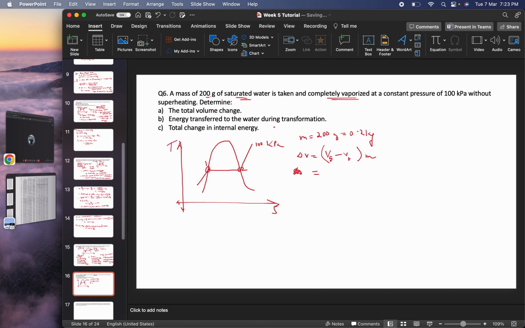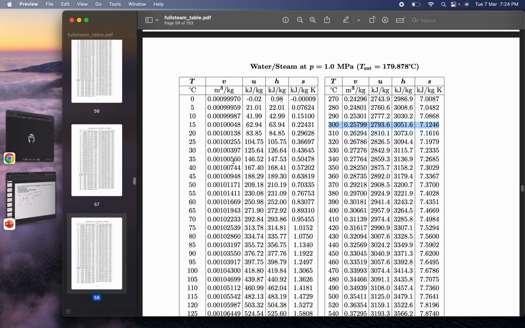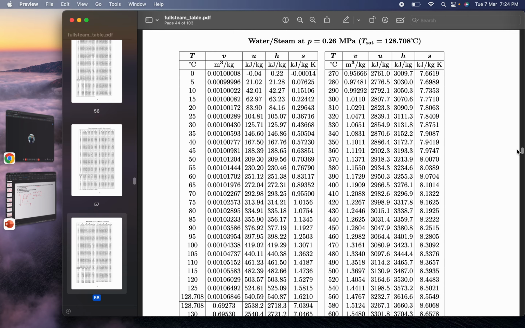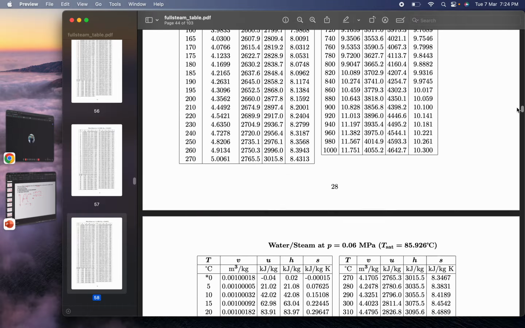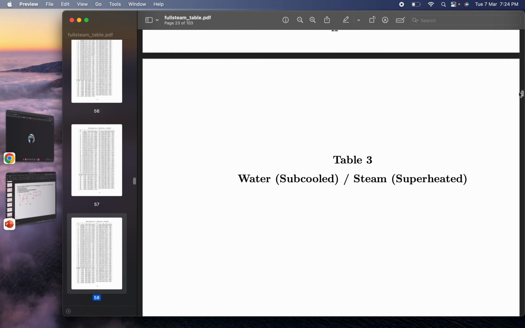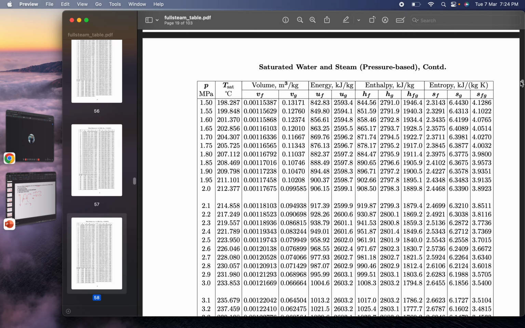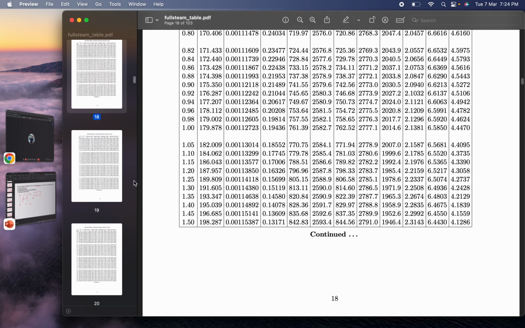So where we should go? 100 kilopascal means 1 megapascal. So we need to check at 1 megapascal. Yes, so this is my 1 megapascal. Okay, and for that this is Vf and this is Vg.